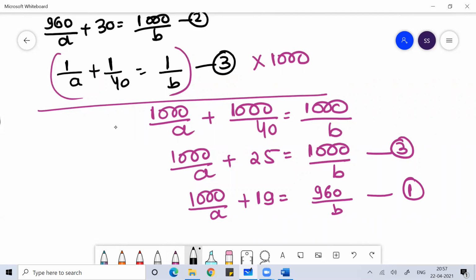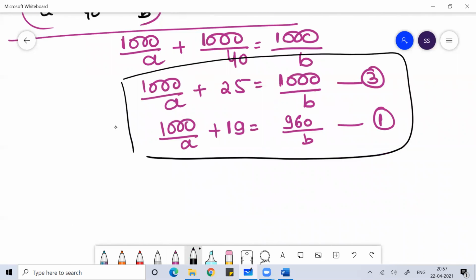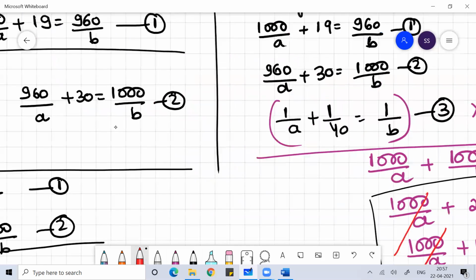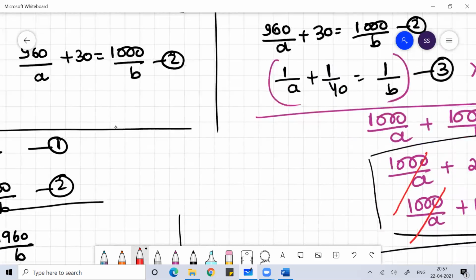Now if you see these two equations, if you subtract, the a gets cancelled and you'll get 6 is equal to 40 by b. So the value of b you'll get is 20 by 3 meter per second. Now find the time taken by b to cover 1 kilometer.